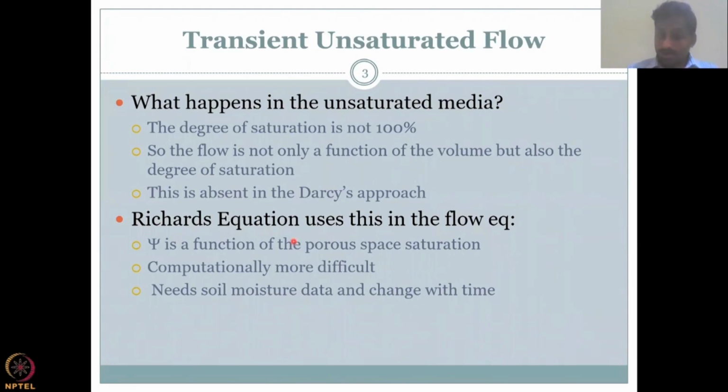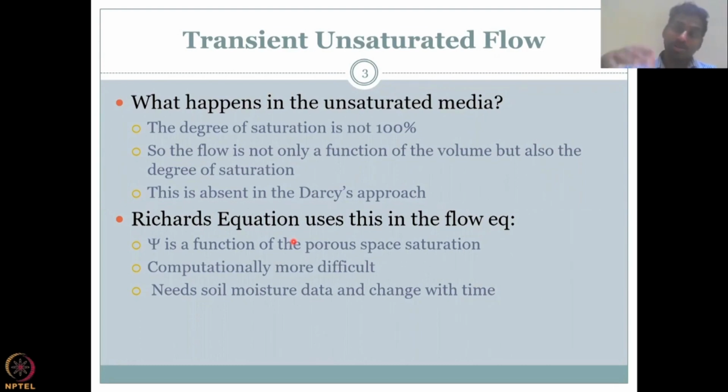Therefore, there was another equation which was built. This was also built drawing some influences from Darcy. It was made by the soil scientist Richards, and because he did so much work on it, the equation is named after him as Richards equation. Richards equation has another parameter called psi, which is a function of the porous space saturation.